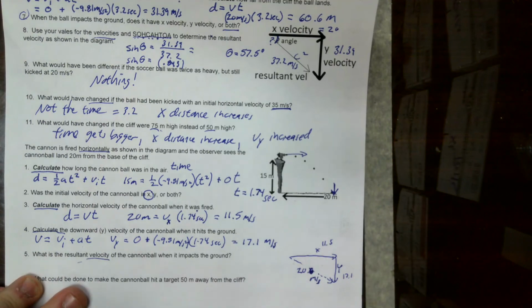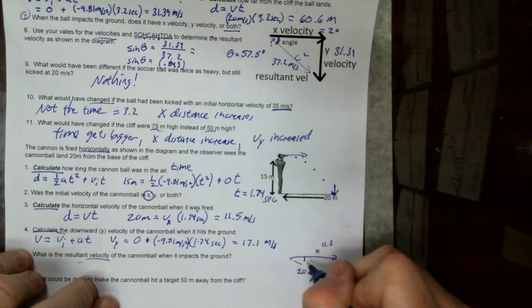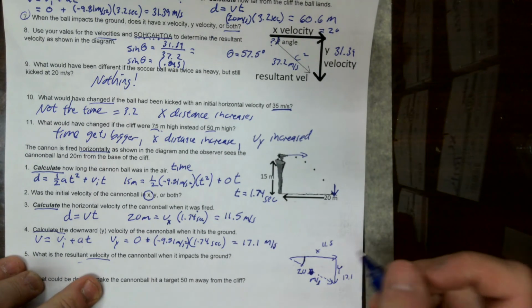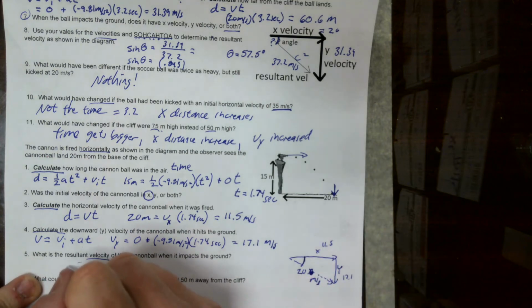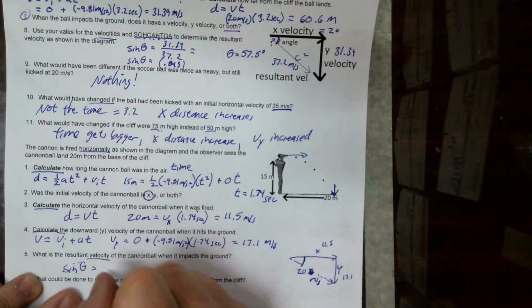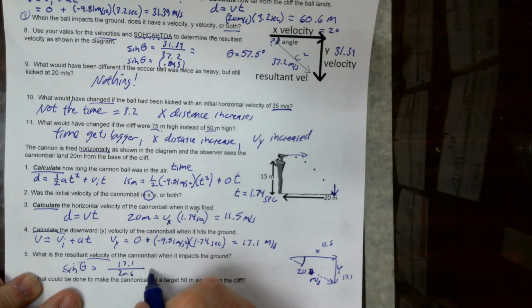But remember, velocity is a vector, so we need to describe the direction. We need to say what that angle is. How much is it aimed up or down? Once again, I can use the sine of the angle I want to know: the opposite, 17.1, over the hypotenuse, 20.6.